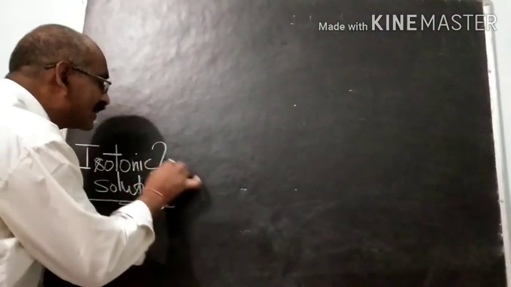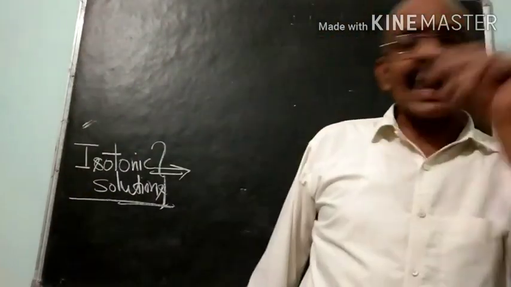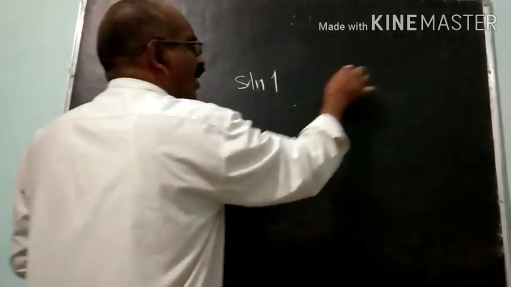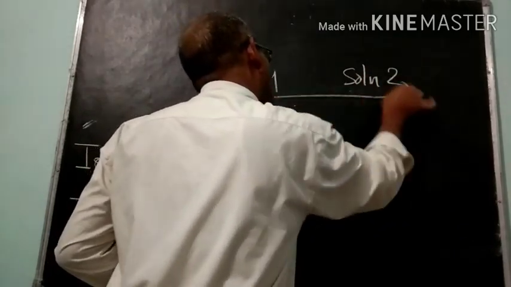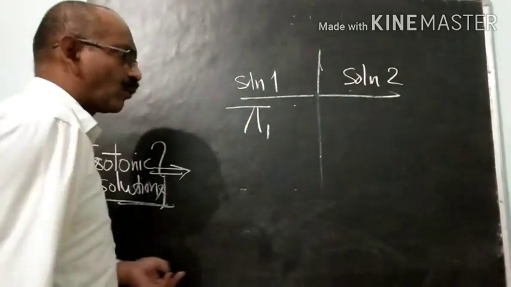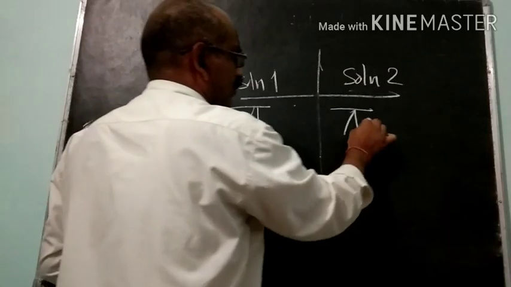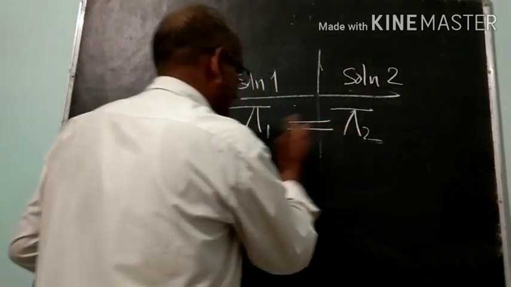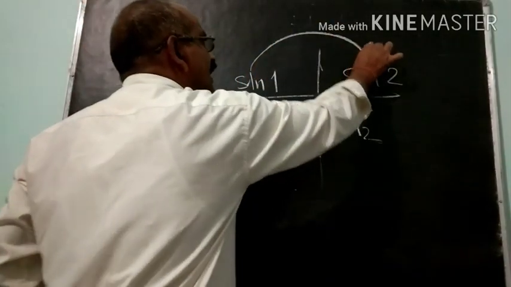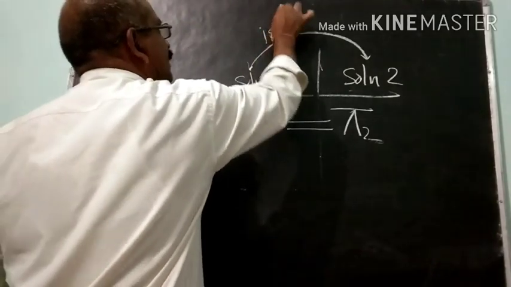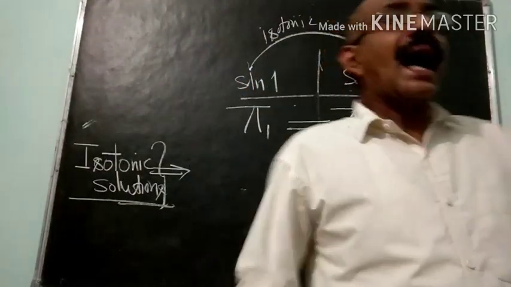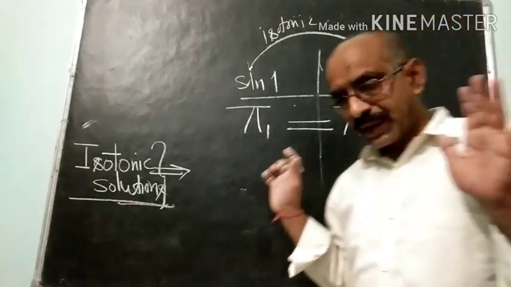Isotonic solutions are two solutions having the same osmotic pressure. Solution 1 has osmotic pressure pi 1, and solution 2 has osmotic pressure pi 2. If the osmotic pressures of the two solutions are the same, we say these two solutions are isotonic. Solutions having the same osmotic pressure.